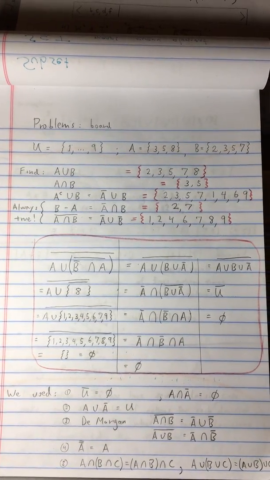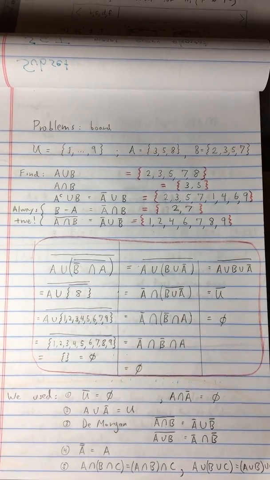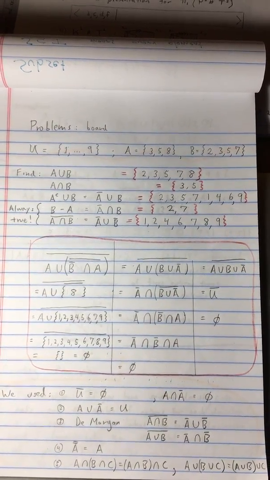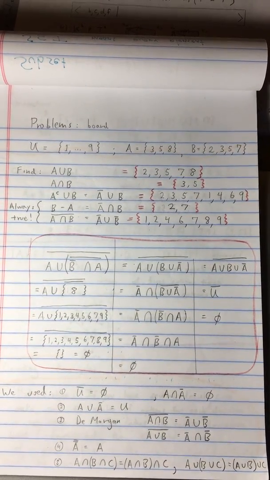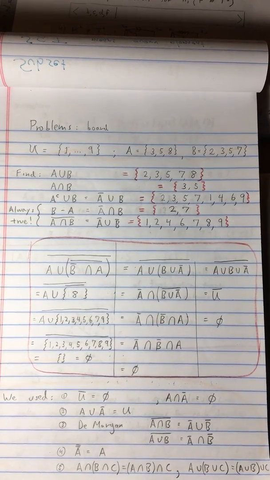I replaced B bar or B complement intersect A with just the number 8, then took its complement, all the numbers 1 through 9, and so on. We ended up with the empty set.